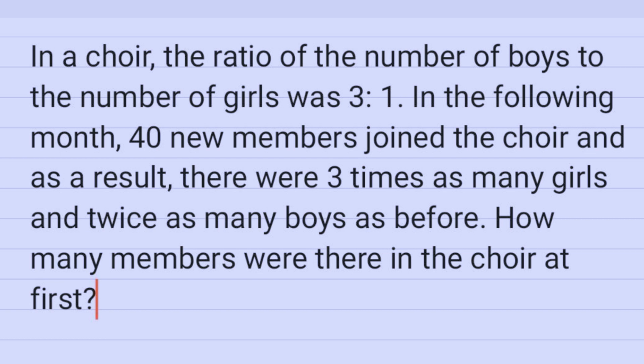So looking at this question, they said in a choir, the ratio of the number of boys to girls is 3:1. So this means that if girls have 1 unit, then boys will have 3 units. So let's take a look at our before condition. So we have before, boys, girls.